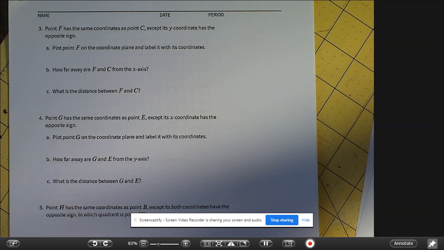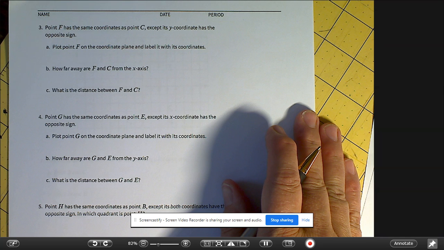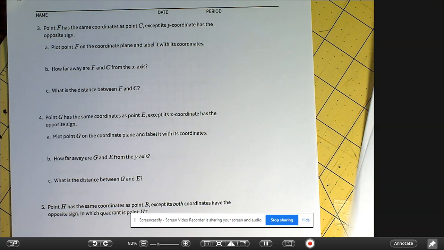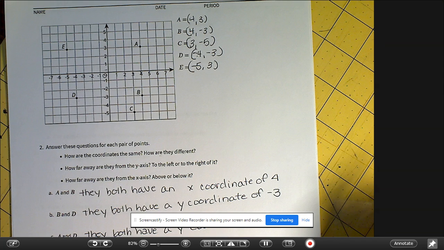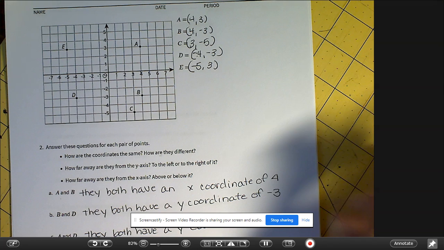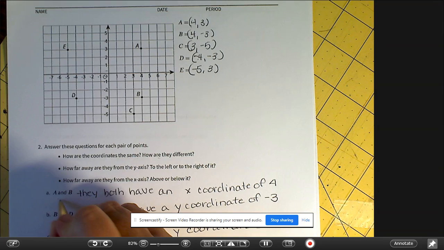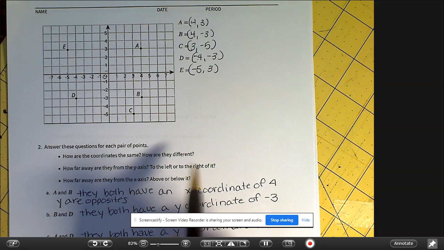Okay, moving on, number 3. One thing I didn't say is how they are different. I only did how they are the same. So if we look back at A and B, the y coordinates are opposites, a 3 and negative 3.